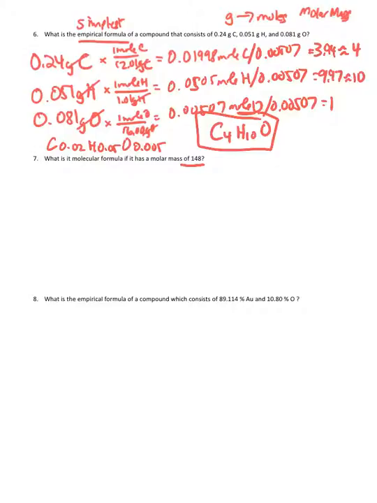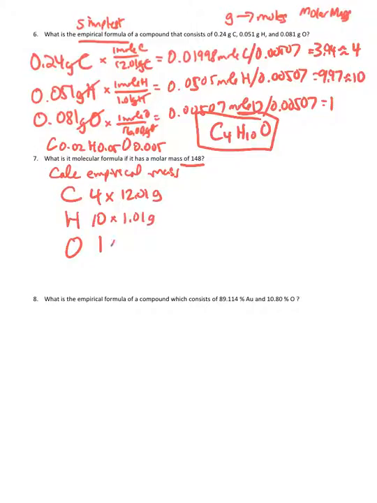So let's calculate the empirical mass. So carbon, hydrogen, and oxygen. 4 carbons, 10 hydrogens, 1 oxygen. Carbon is worth 12.01 grams per mole, and hydrogen is 1.01 grams, and oxygen 16.0 grams.